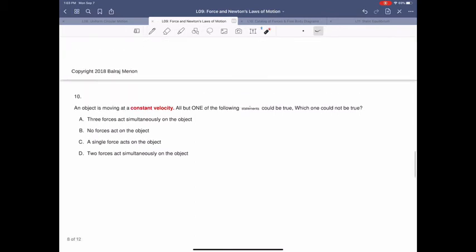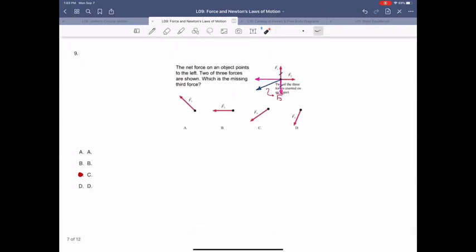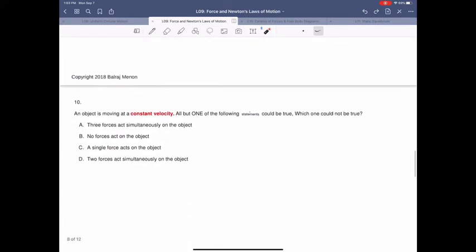Going back to this example, suppose I had drawn this picture with the horizontal component of F3 exactly the same length as F2, then you would agree that the sum of F1, F2, and the F3 that I drew with the same horizontal component as F2 would result in the net force being zero. So yeah, you can add three vectors and get the zero vector.